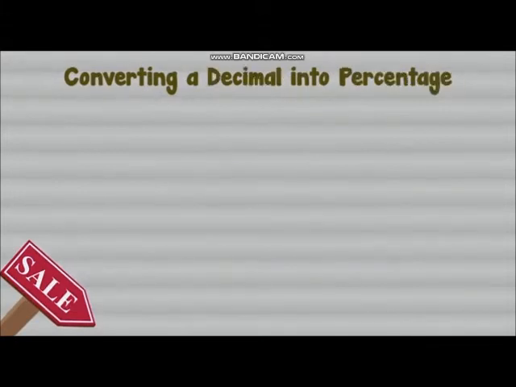Now we can also convert a decimal into a percentage. हम decimal को भी percentage में change कर सकते हैं. And how? For example, the decimal number 0.63, we are going to convert it into a percentage. So first of all, this 0.63 is basically 63 upon 100.